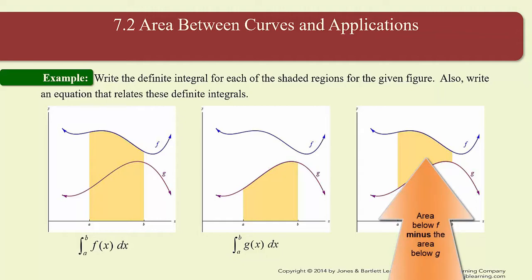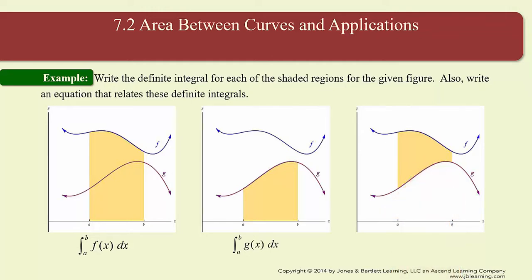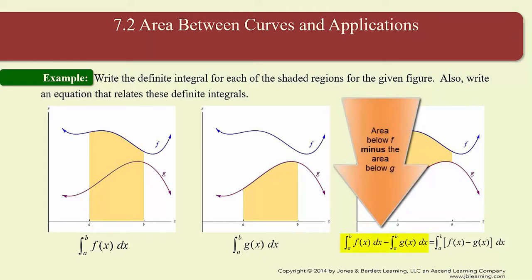intuitively it should be nothing more than the area that's below the graph of f minus the area that's below the graph of g. And I would write that as, well, the area below f, that's the integral from a to b f of x dx. The area below g, well, that's the integral from a to b g of x dx.